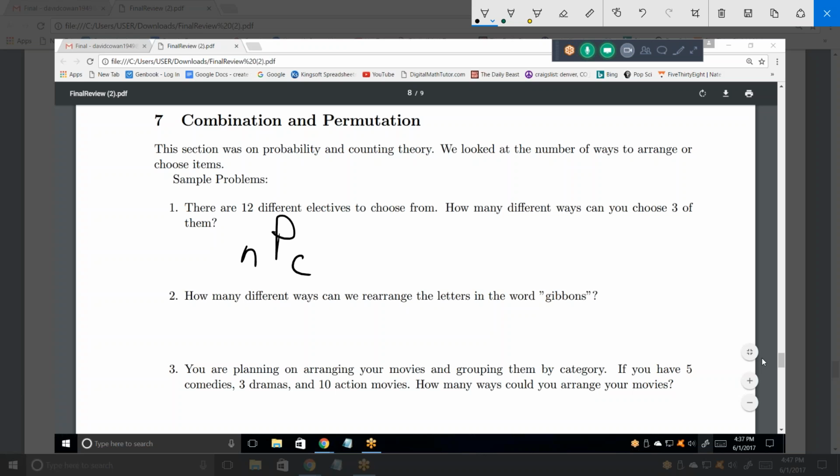You always want to start with the general formula. And not a C, it's an R. N pick R is n factorial over n minus r factorial. It's actually simpler than the choose. Notice that the choose is this.